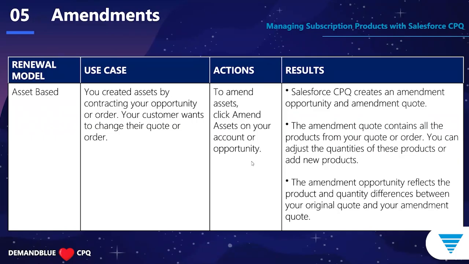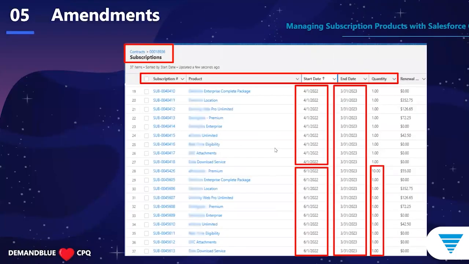Here's an example where we've added a package, the Enterprise Complete package, right since the start, which is say 1st of April till the end of March 2023. And on the 1st of June, we've actually added a premium product, 10 quantities. And then we also see another package has been added from the 1st of June all the way to the end of March. So it's a lesser duration than the original contract.